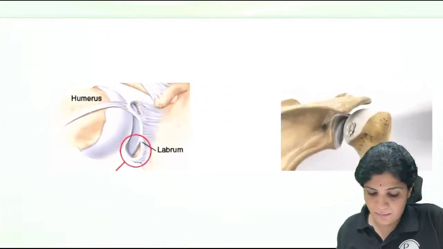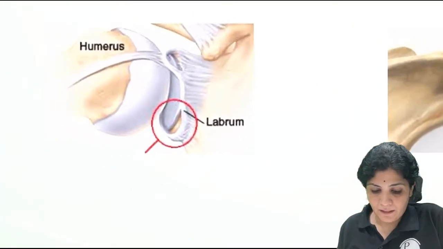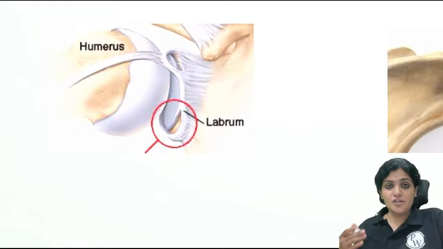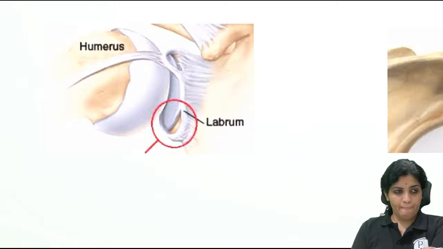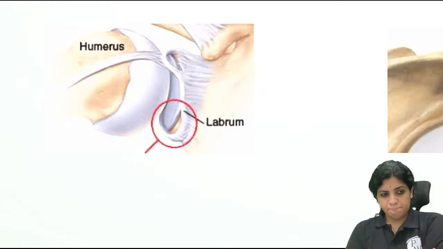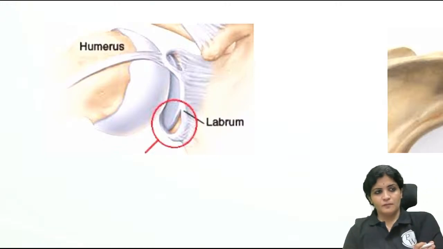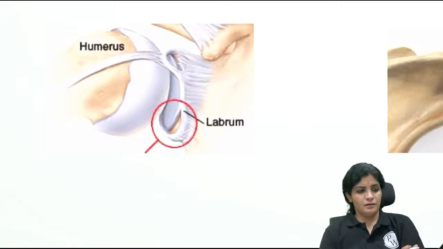Very good, light bulb. And what is this? These are the complications of recurrent shoulder dislocation. What does this picture depict?